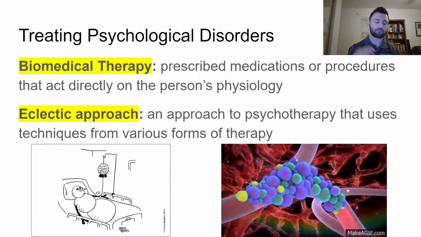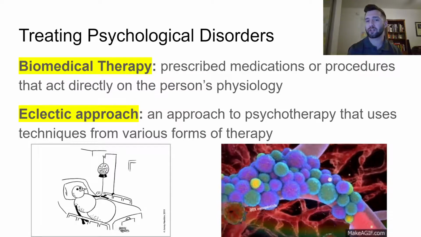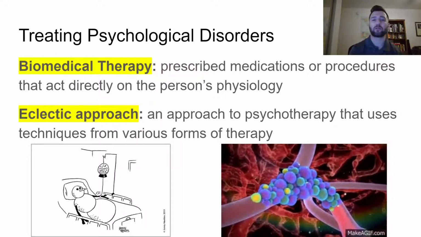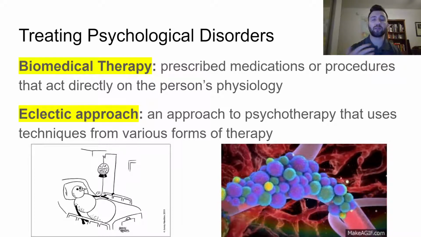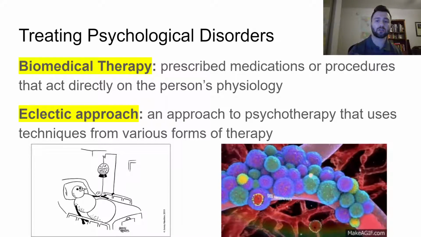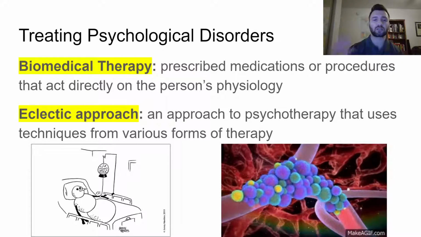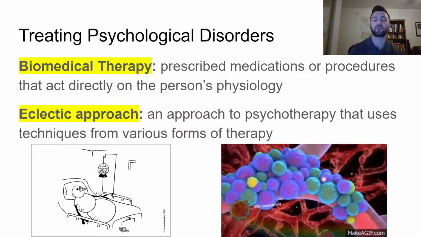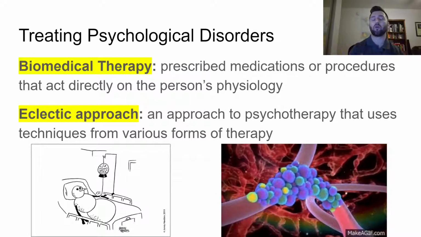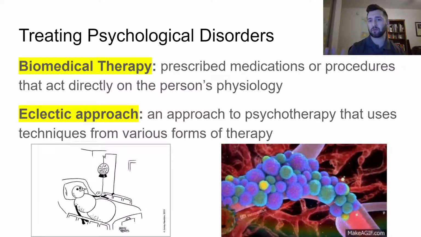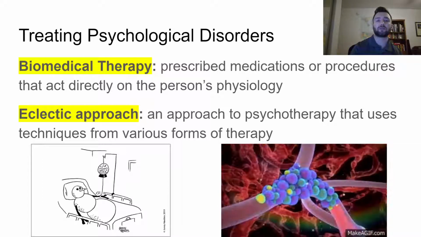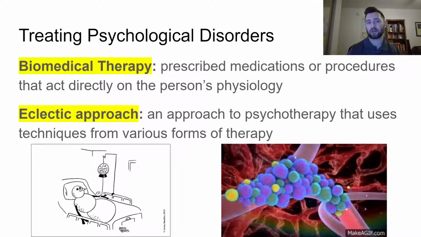For example, if you're struggling with depression, the biomedical therapy would be, okay, we're going to put you on this medication. The medication is going to, let's say, increase your serotonin levels or your dopamine levels, and that will hopefully make you feel better. Psychotherapy instead uses the other approaches that we talk about.